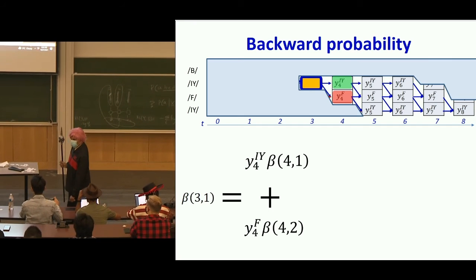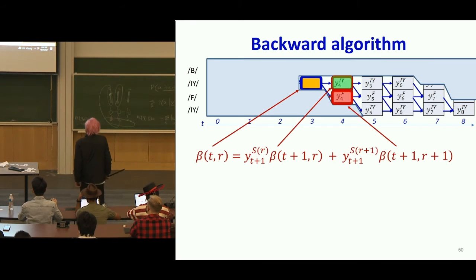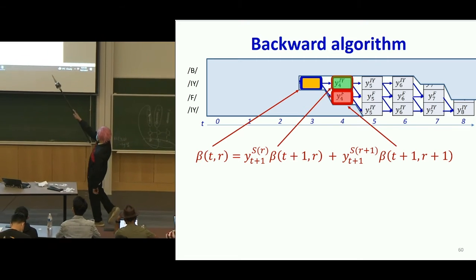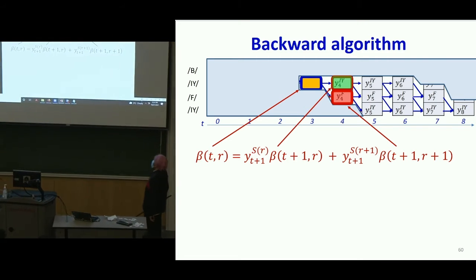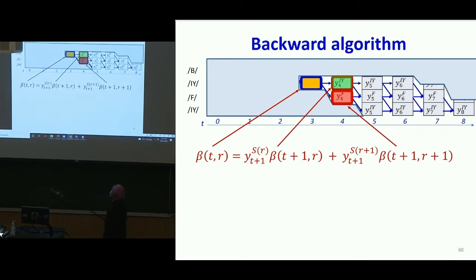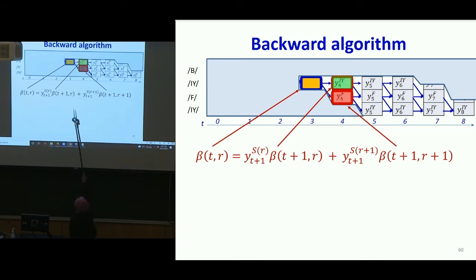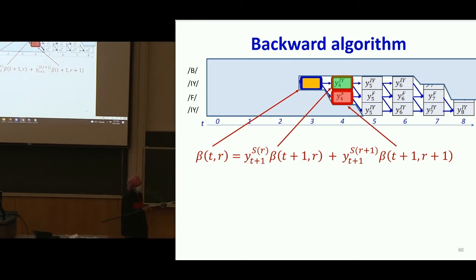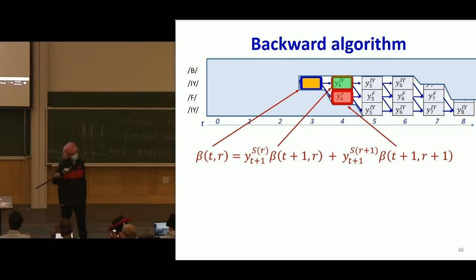It's very straightforward. So I can generally write the beta term at t, r as y4e times beta 41 plus y4f times beta 42, or generally beta t,r is going to be the beta term in the same row at the next time.